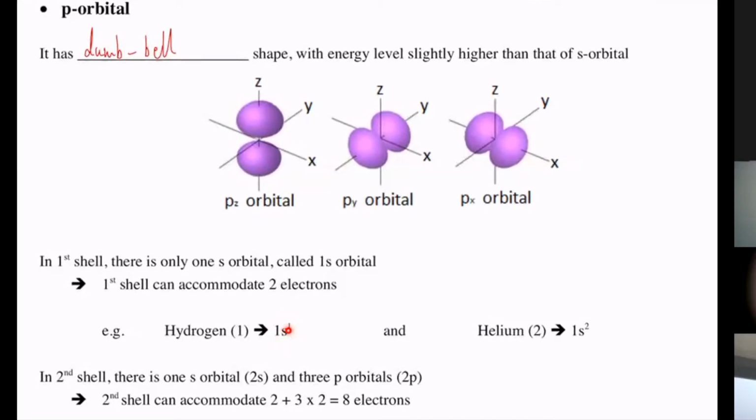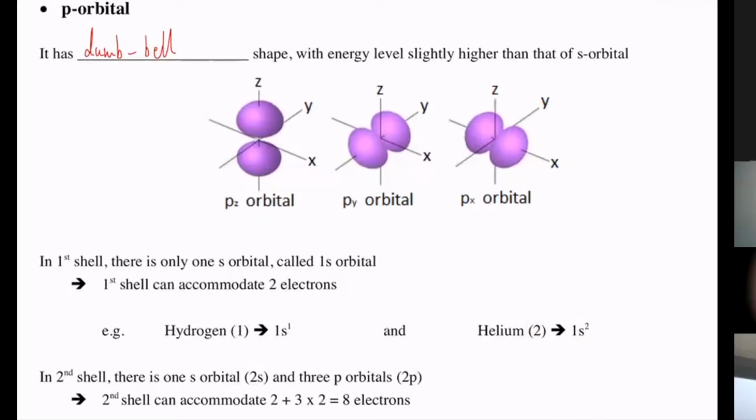The 1 should be a superscript, on the right-hand corner. And for helium, it has 2 electrons. Remember, we need to fill in the lowest energy level first, so we put both electrons in the 1s orbital. So we say 1s2. This 2 represents that there are 2 electrons in the 1s orbital.